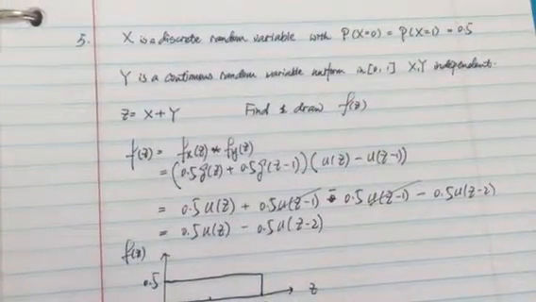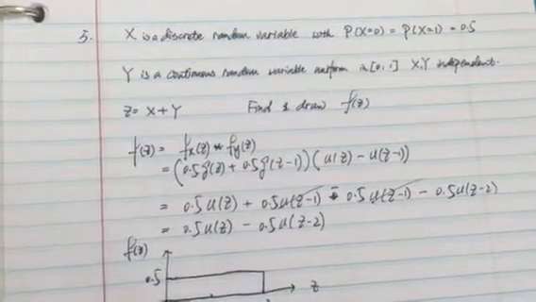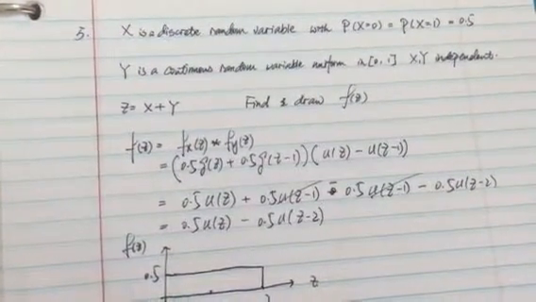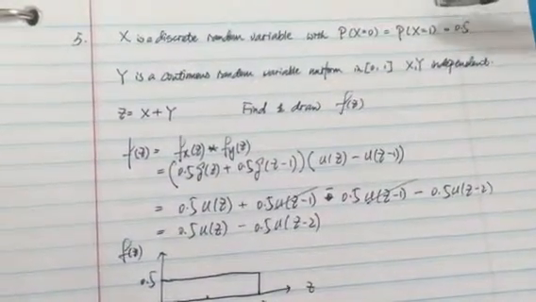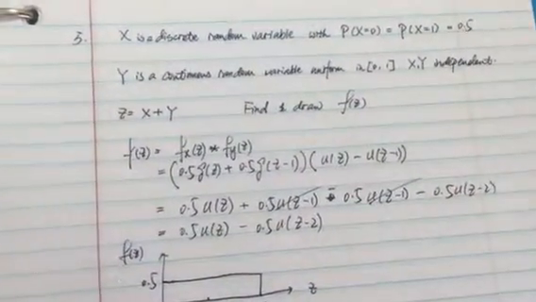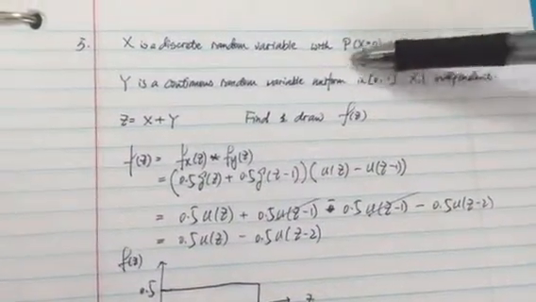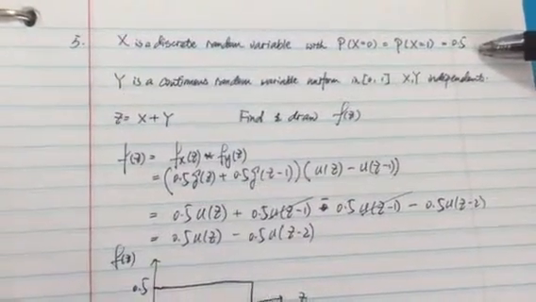The question is that X is a discrete random variable with probability X equals 0 and X equals 1, each with probability 0.5. We can view this as impulse functions.